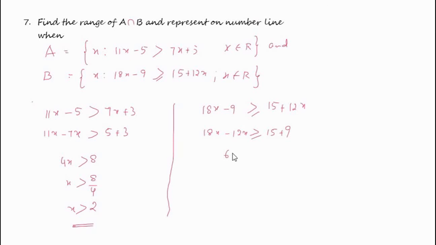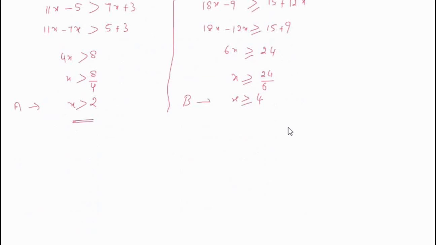So 6x greater than or equal to 24, dividing both sides by 6, x greater than or equal to 24 divided by 6, so x greater than or equal to 4. So this is for inequation A, this is for inequation B. Let us represent both the solutions on the graph, number line. So let us first draw for A.